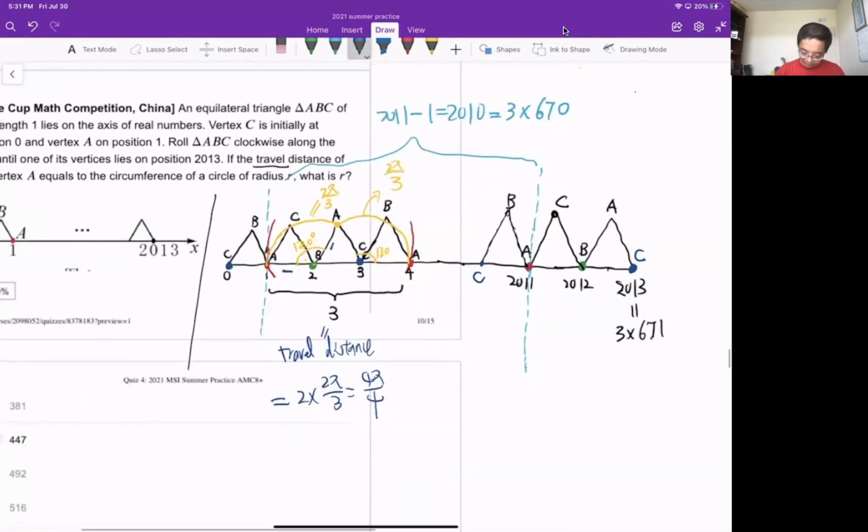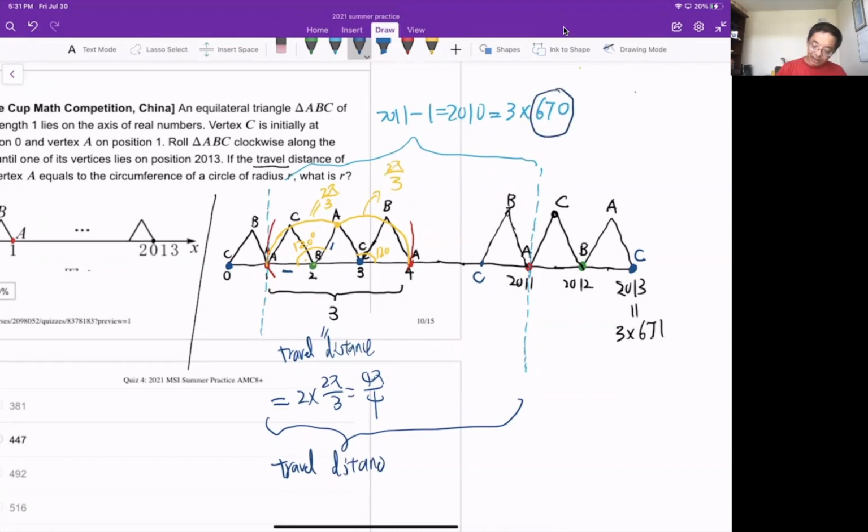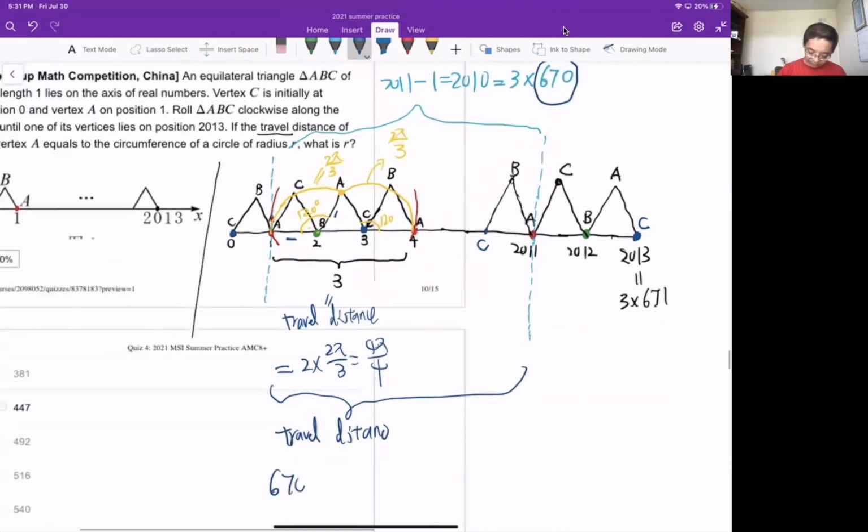Now within this part, the travel distance: we have in total 670 cycles. So 670 times 4 pi over 3.